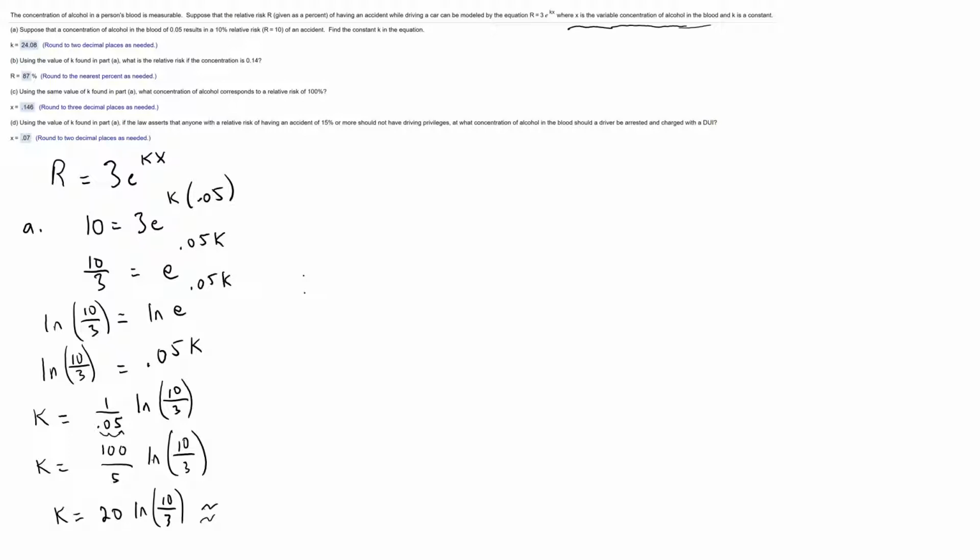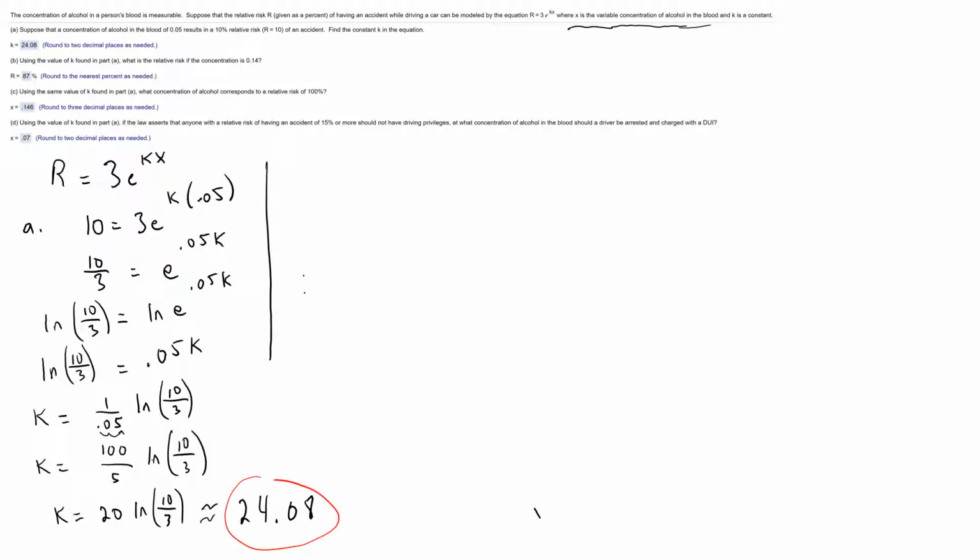So using my calculator, if I take the natural log of 10/3, I get 1.2039 and so on. But then I have to multiply that by 20. And after I plug this into my calculator, rounded to 2 decimal places, that'd be 24.08. All right, so there's the answer to part A, that's K.